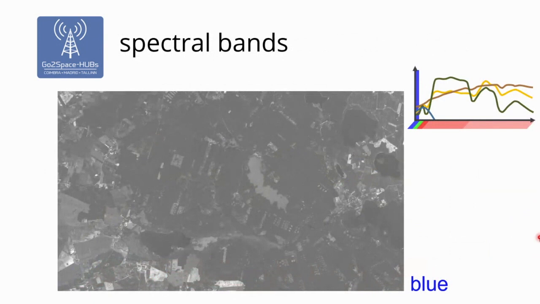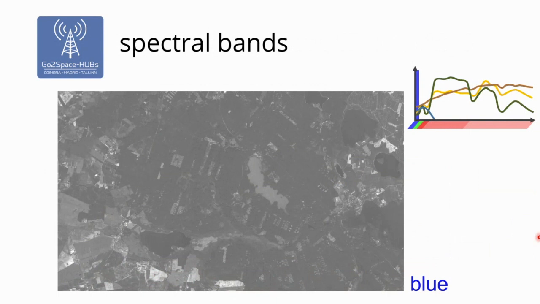Normally, we take those images, because we talked about different bands of spectrum. So normally to get the most precise, exact information, we take different images in different bands. So here we have, for example, blue image. Of course, it's not blue.